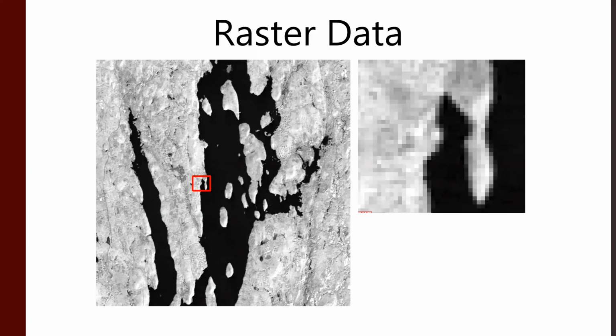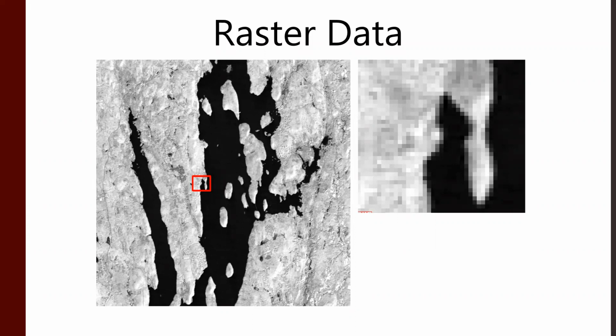Here's the Quabbin. You can see when we are zoomed out, when we're looking at the full image, as we are on the left-hand side, it looks like a picture, looks like a photo, a black and white photo, but still a photo.